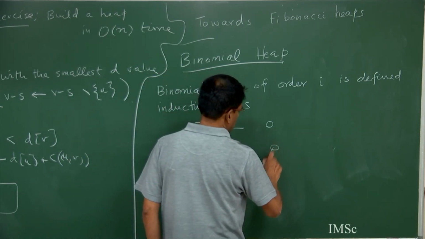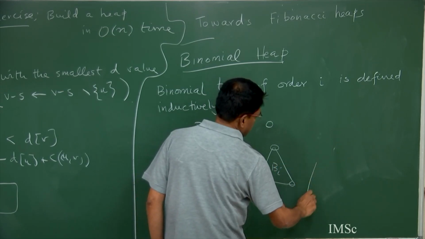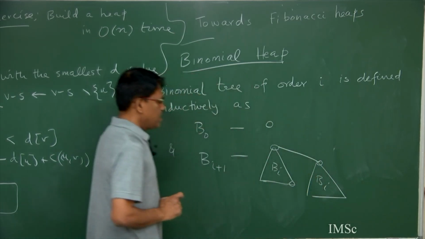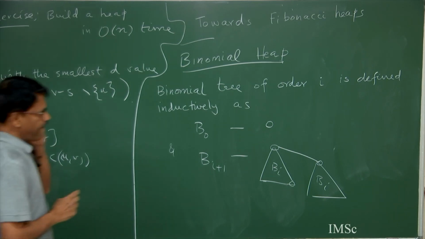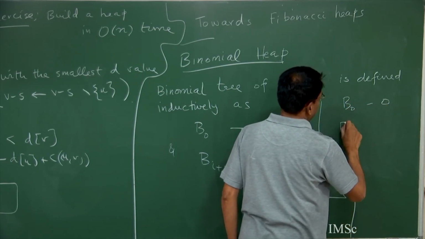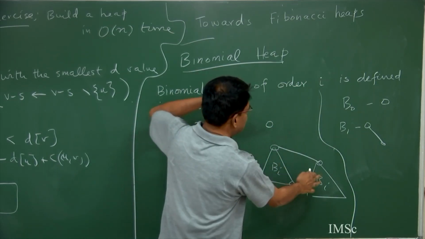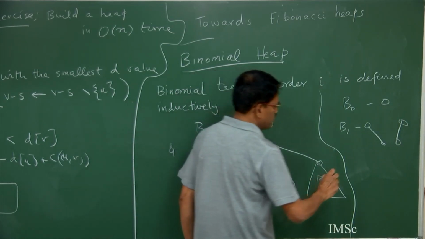Take two Bi. So, this is a Bi, another Bi. Make the root of one Bi the child of the root of the other. This is a binomial tree of order i. So, how does B1 look like? This is B0, B1 would be like this. I mean, either this side or that side. How does B2 look like?